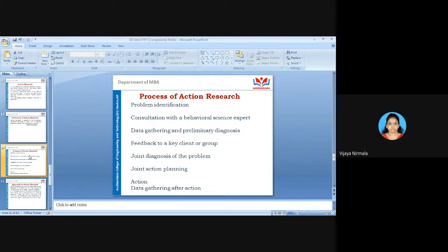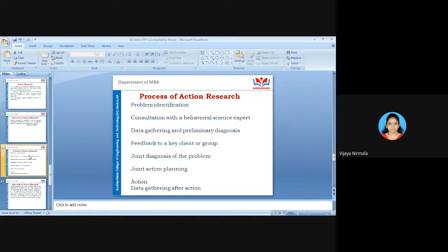The diagnosis begins with the observation, next proceeds with a semi-structured interview, and concludes with a questionnaire that would measure precisely the problems identified by the earlier steps. Okay, so that is done in step 3. And the next one is feedback to a key client, or a group.